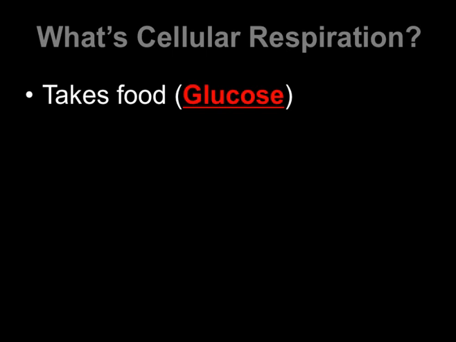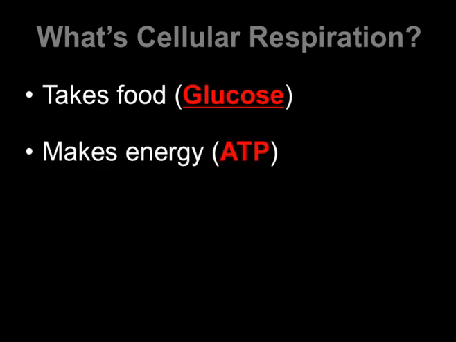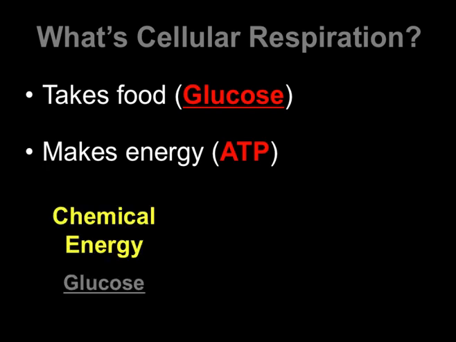So what's cellular respiration? Basically what we're doing is we're going to take food, in this case glucose, remember that's what we made in photosynthesis, and we're going to break it down to make energy in the form of ATP. So remember, these are energy transformations.